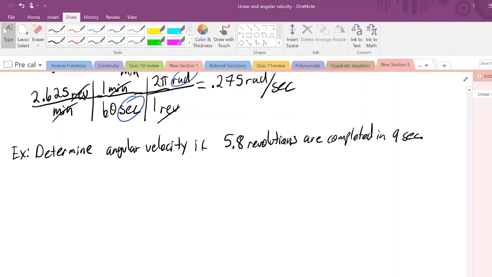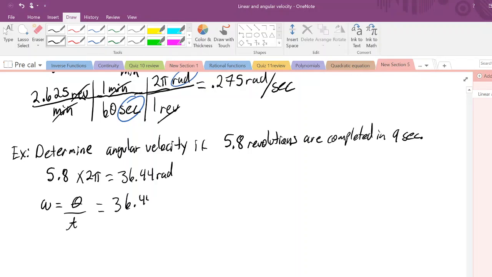So I'm going to have 5.8 times 2 pi, which is equal to how many radians? 36.44 radians. My equation is radians over time. So all I have to do is put 36.44 radians per how many seconds are they asking? 9, right here.